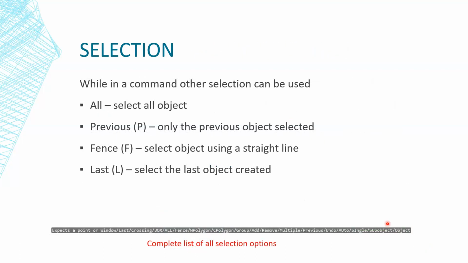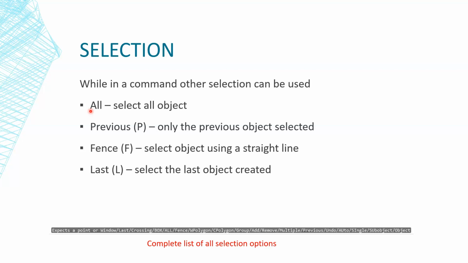All right, the last thing we're going to see is that while we're in some of these commands, we have some other options that we can use. For example, if I want to erase everything on my screen, I can go to the erase command and type in the word all, and it will select everything on my screen. Then I'll hit enter one more time, and everything is gone. I can select the previous thing that I created.